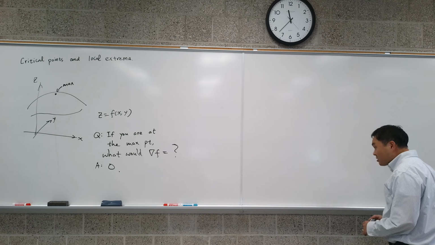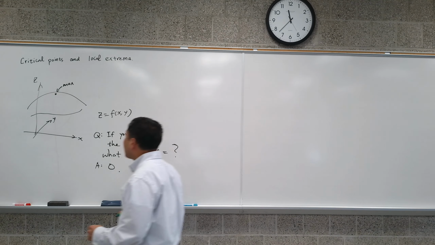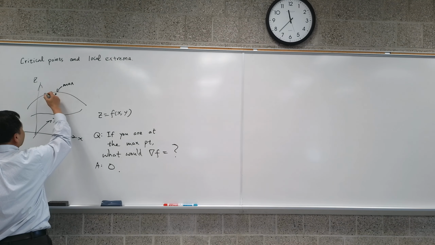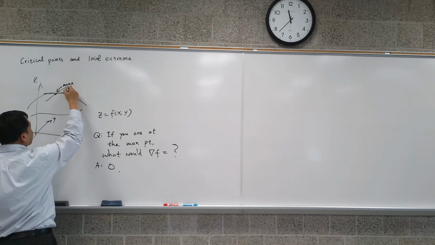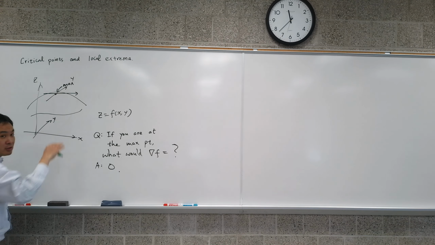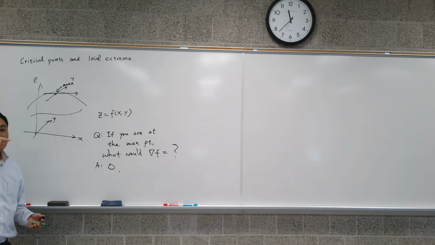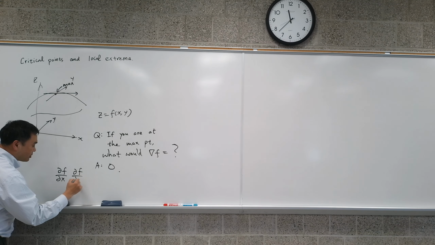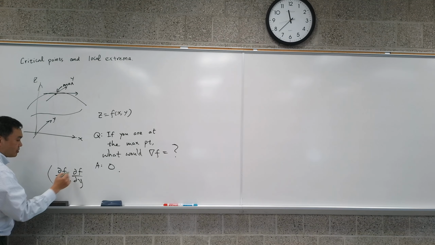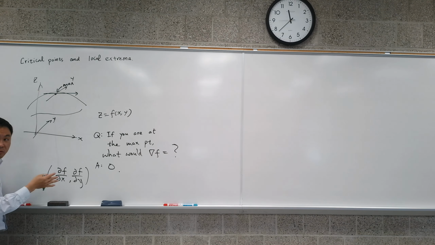Another way to think about it is, if you're at the top, then whether you look at the partial with respect to the x direction or the partial with respect to the y direction, see, partial derivatives constitute the gradient, right? These two together, if you form a vector, that's the gradient.